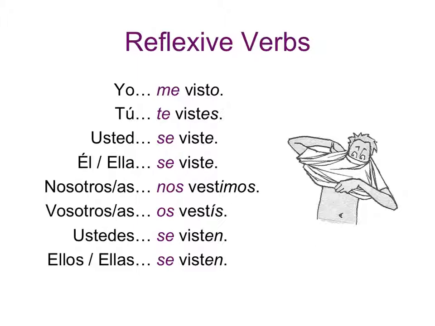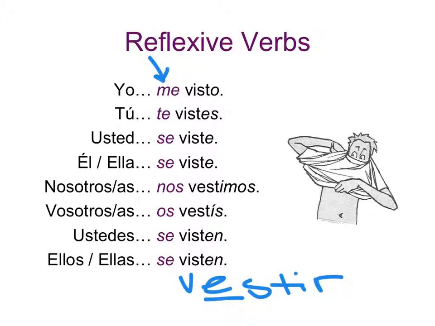Okay, salud. So, to review, reflexive verbs. They're called reflexive. Why? Because they have reflexive pronouns. But we still have verbs with stem changes, like vestir is a stem change of E to I. Our infinitive here is a stem changing verb, to get dressed. Vestir, E to I-E.